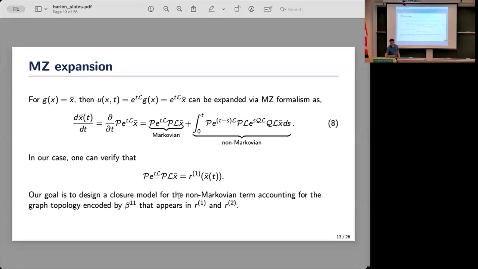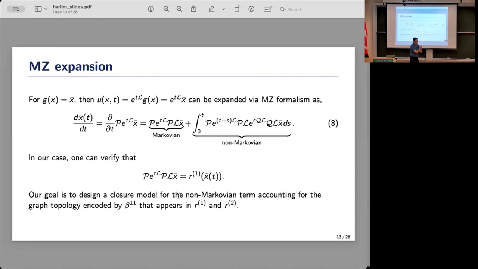Now, the trouble is that usually you don't have an explicit expression for the non-Markovian term. Then in the literature, usually one will try to model this non-Markovian term using several types of parameterizations. So what I'm interested in is the following. At the end of the day, I'm going to replace this with a graph neural network.